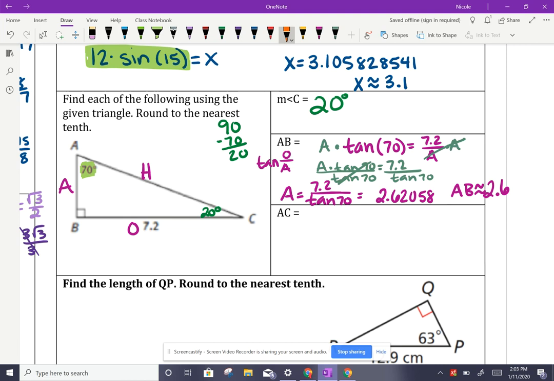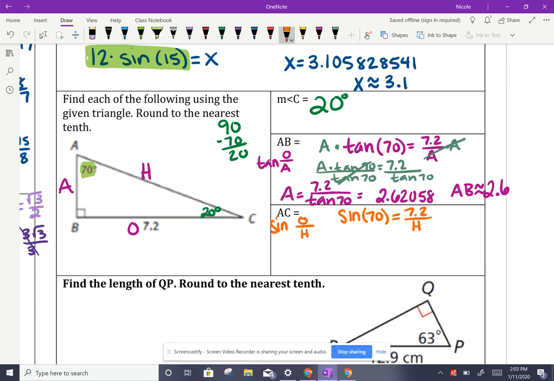So if I'm using the opposite and the hypotenuse, that means I'm going to be doing sine. So I'm going to set this up as sine of 70 equals the opposite, which is 7.2 over the hypotenuse, which I'm trying to find.